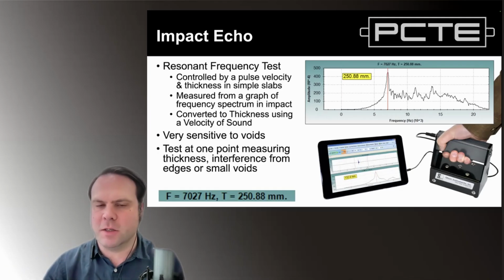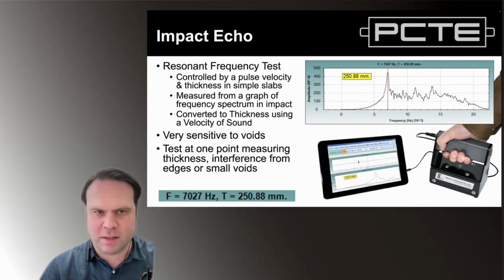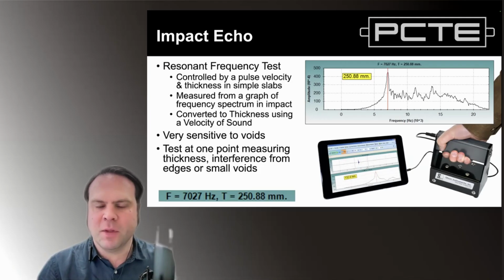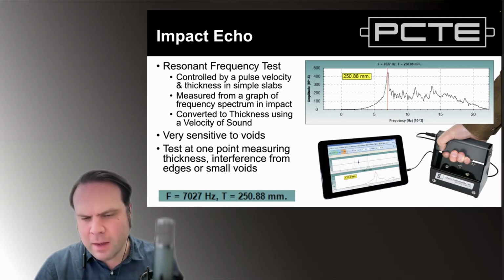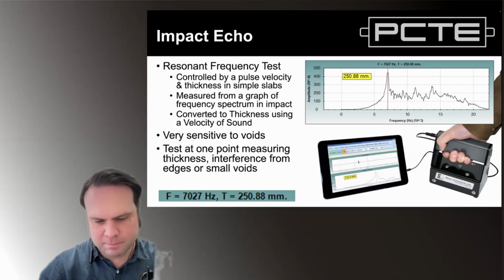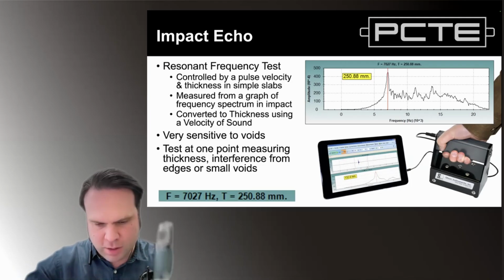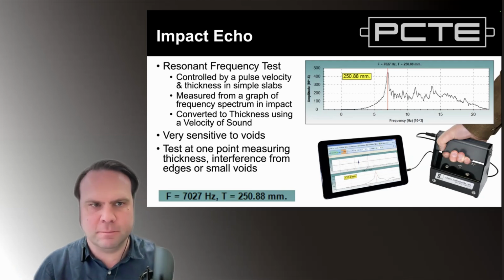The more complex our geometry, the more limited our ability to use impact echo to test it is. We particularly want to avoid using impact echo test devices in corners, in circular geometries, in very complex elements. But a flat element, not too close to the edge of it, is the ideal test place for impact echo testing.